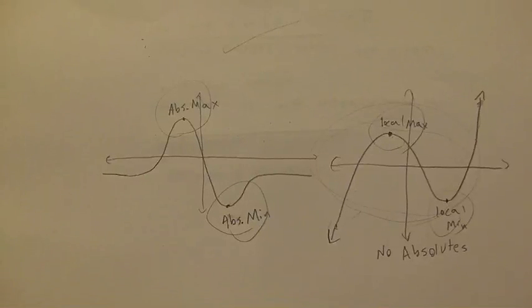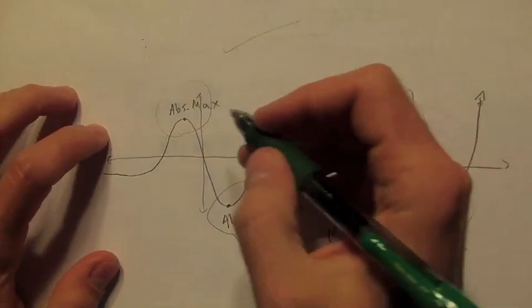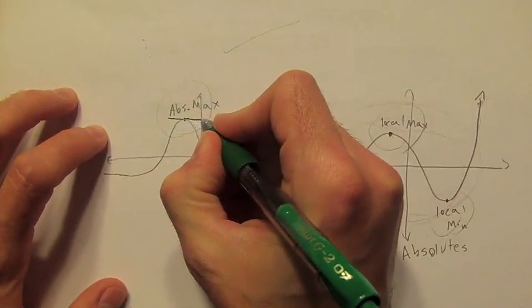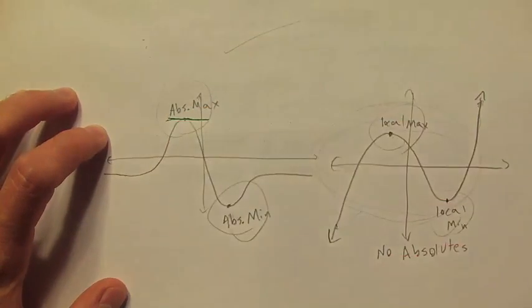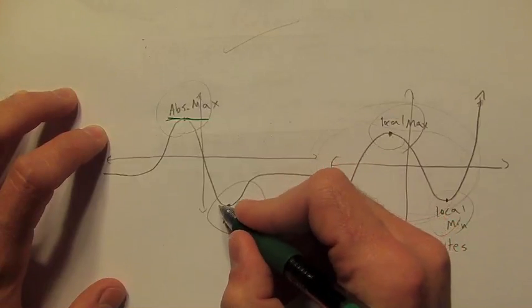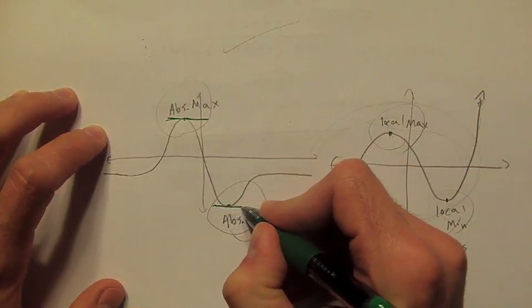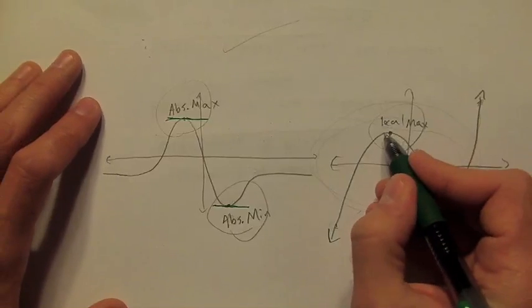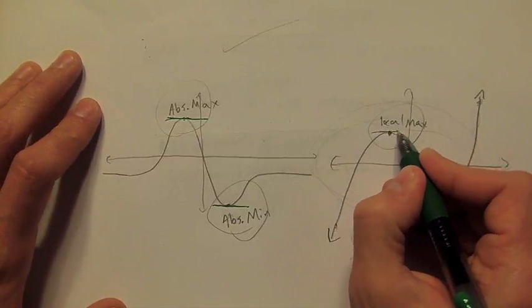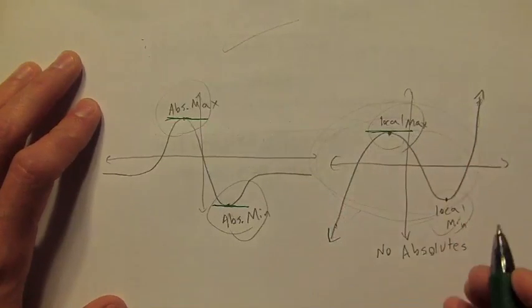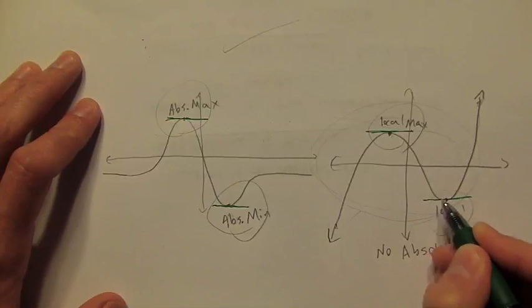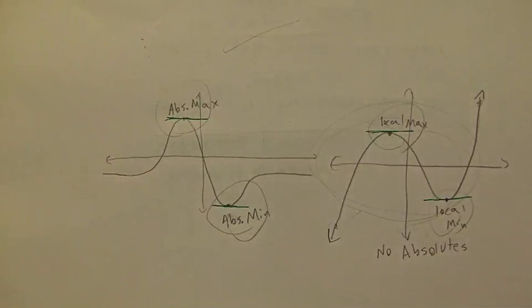If I look at the tangent line here at this absolute max, I have basically a horizontal line. At this absolute min, it looks like I also have a horizontal line. And at this local max, I have a horizontal line, and at this local min also a horizontal line.